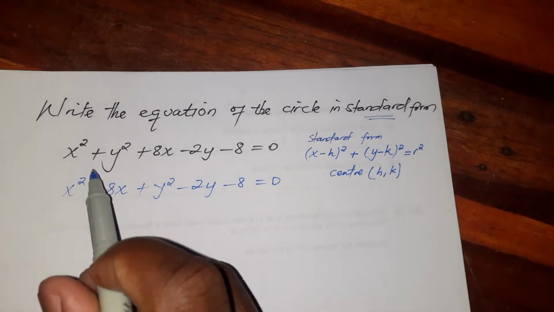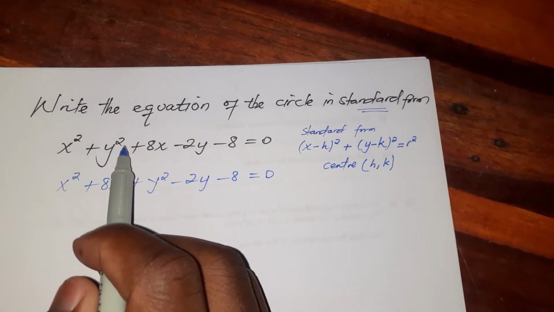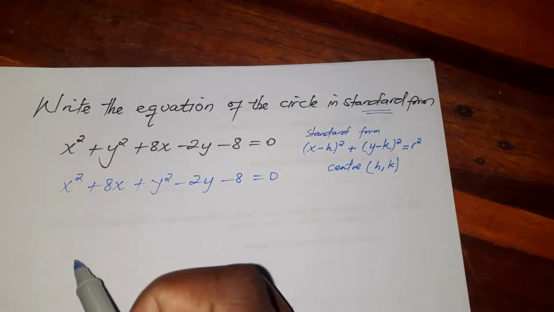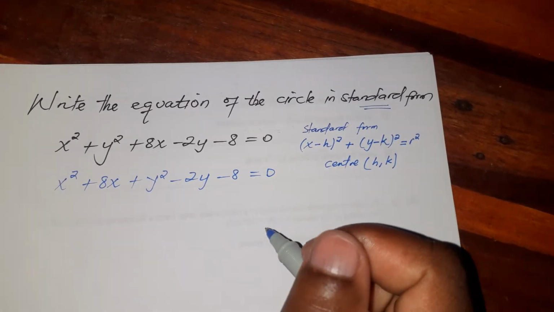You can see here we have x squared plus y squared plus 8x minus 2y minus 8. We have to group the terms.